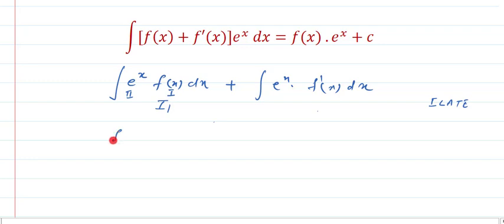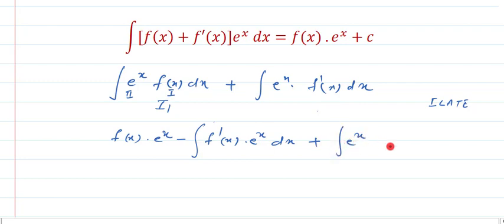So using the same, first function into integration of second, minus integration of the differentiation of f(x), that is f dash x, into integration of second, and the whole integration, plus there is no change in the other part, e power x f dash x dx. Now have a look at these two parts.